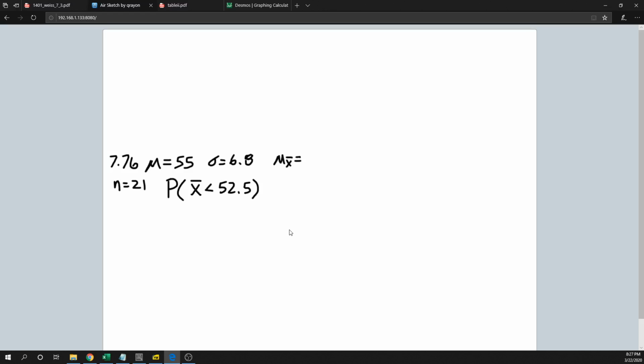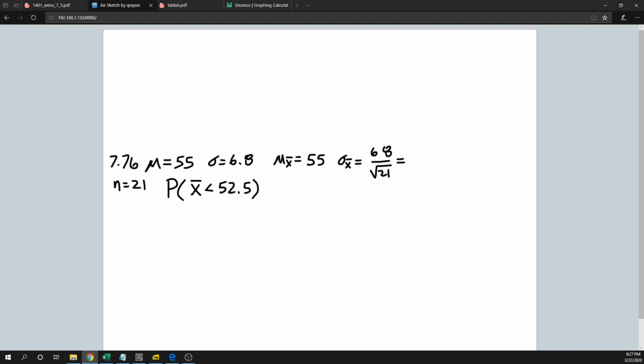We know that that is the same as the population mean, so 55, right? What is the standard deviation of the sample means? Well, we know that is the population standard deviation, 6.8, divided by the square root of the sample size. Okay, and so we will go and calculate that out.